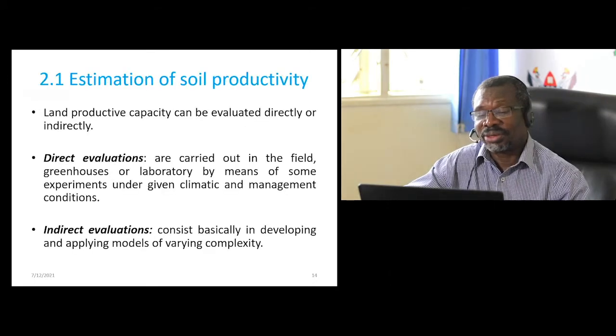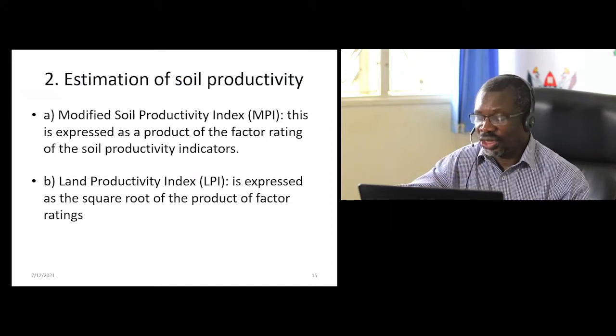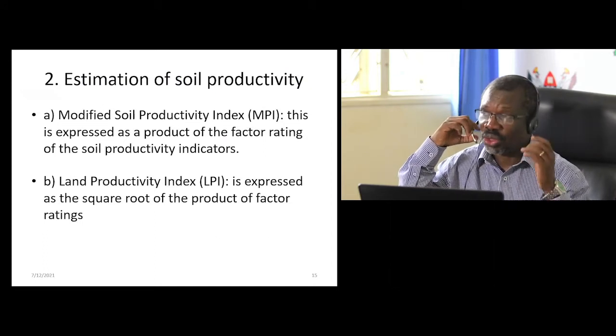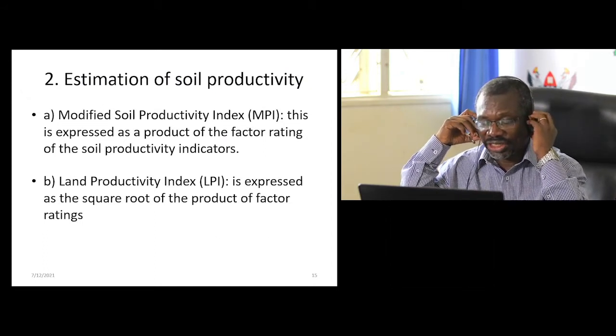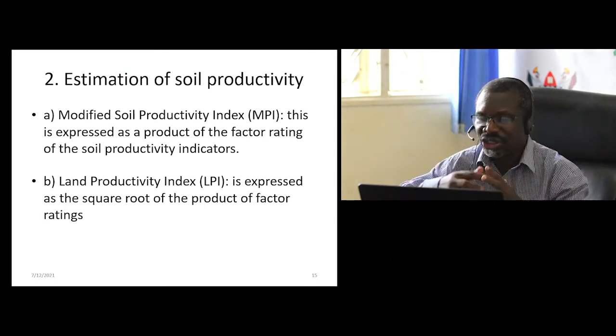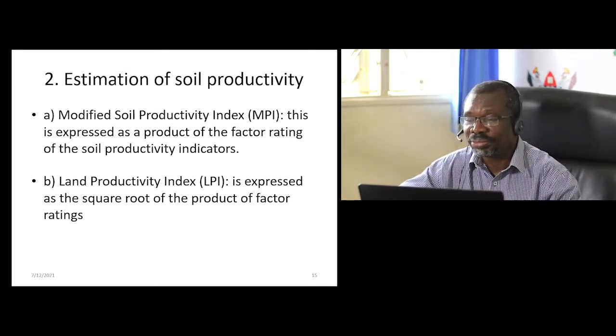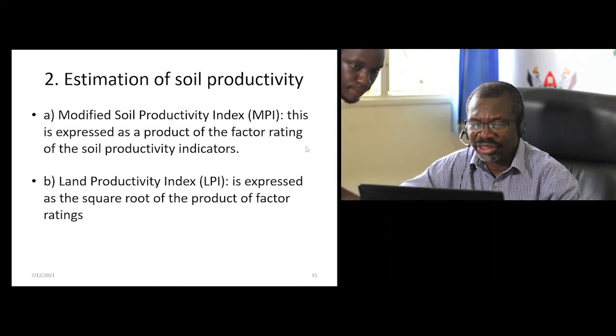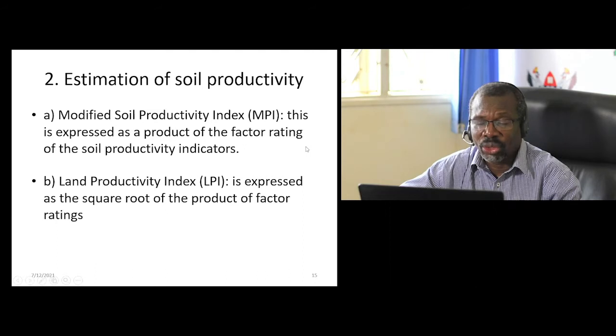Okay, so I was discussing the estimation of soil productivity. And as I said, we basically used the existing models, and that's what I'm going to discuss now.